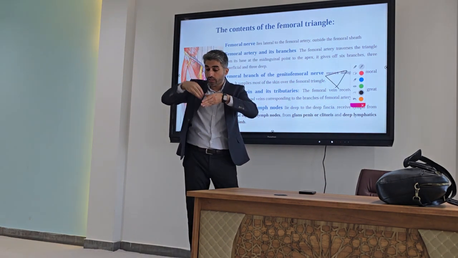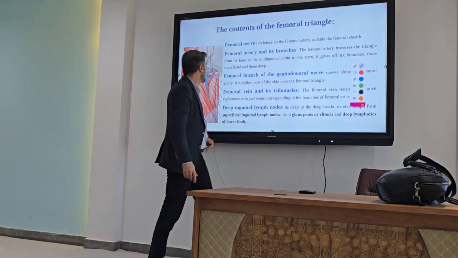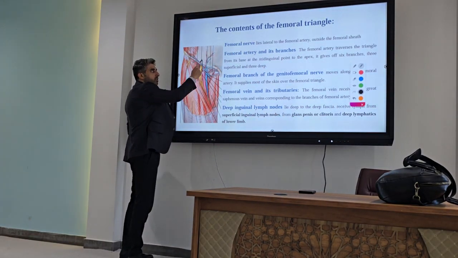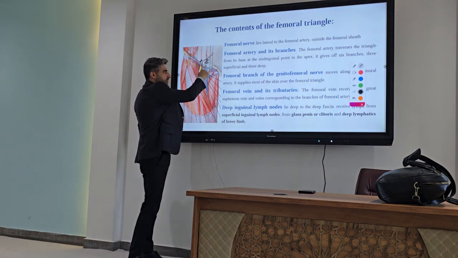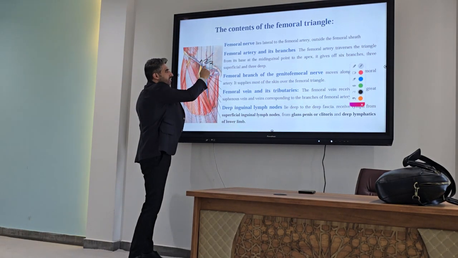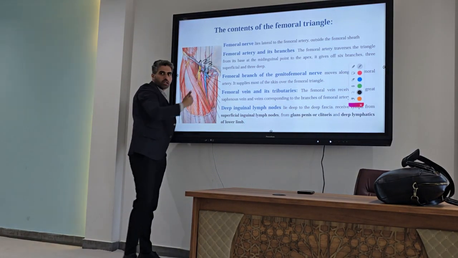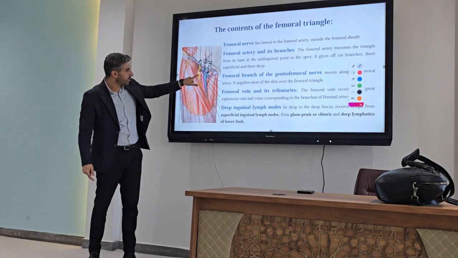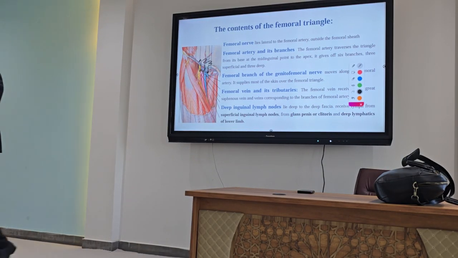But what we have inside is other structures. Look at the picture. This one is number 1, nerve. This one is number 2, artery. And this one is number 3, vein. So from lateral to medial, you can see 3 structures inside the femoral triangle.